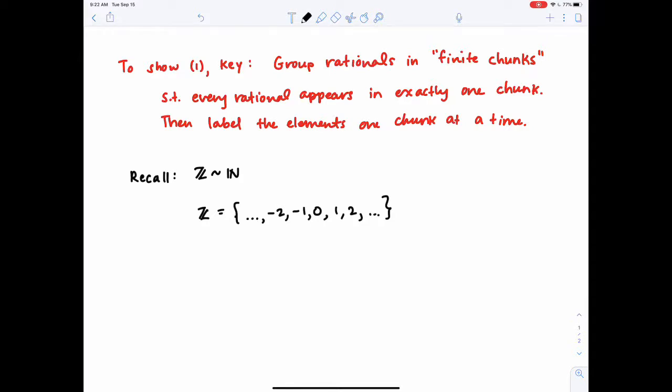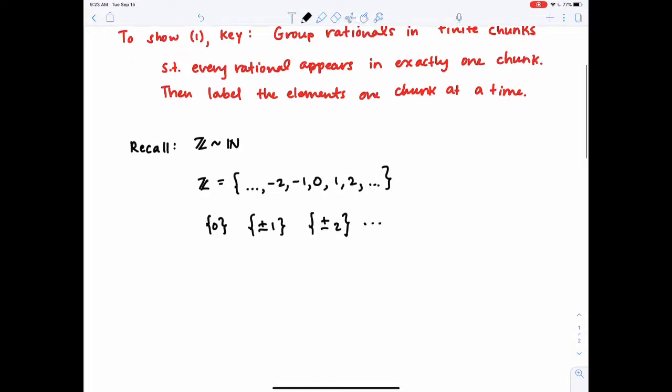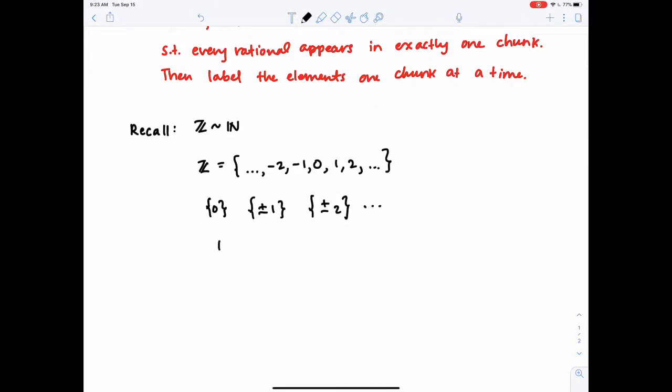So instead, what we did was we grouped our integers into finite chunks. We said 0 is its own set, and then ±1 is its own chunk, and ±2, and we basically just lined those up and then labeled them. So we said, okay, first let's label the chunk that contains 0.